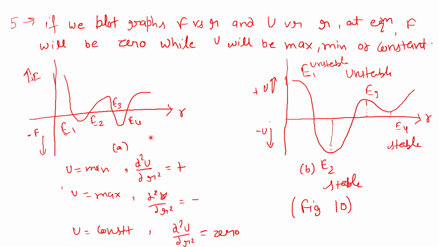If U is maximum, d square U over dr square is negative, equilibrium is unstable. If U is constant, d square U over dr square is 0, equilibrium is neutral. This is shown in this figure.